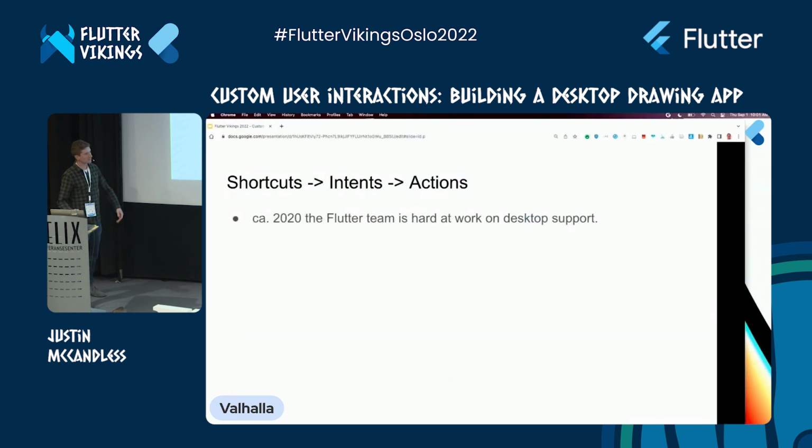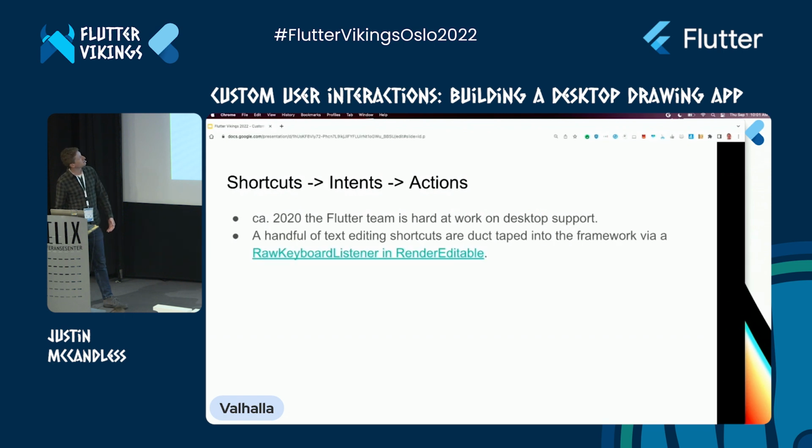So my history with this, around 2020 or so, lots of us were working on bringing support for Flutter Desktop to Flutter. And for me, working on a lot of text editing stuff, I started looking at support for keyboard shortcuts, especially for text editing. So the basics like Command A to select all text and everything that goes with that.